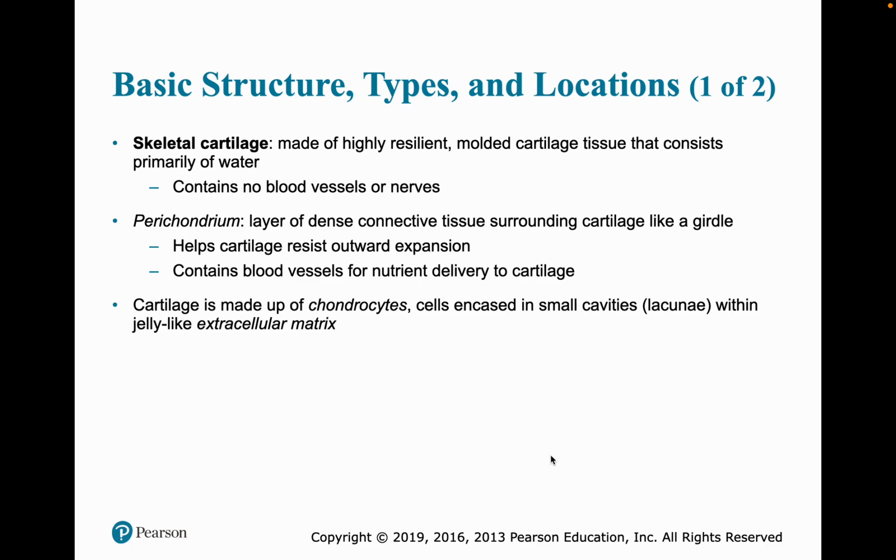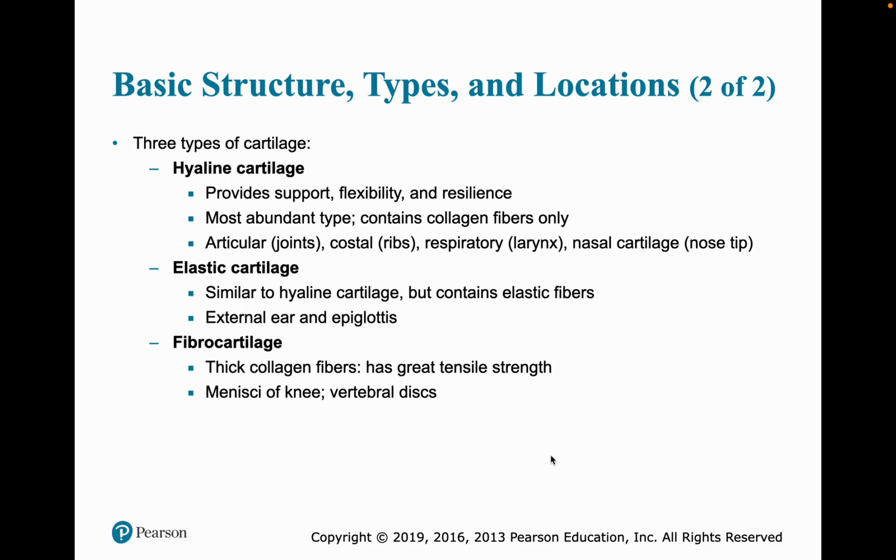This is where there are blood vessels that provide nutrients for the cartilage itself. And the cartilage itself is made up of chondrocytes, which are cells that are encased in small cavities called lacunae, which we also saw when we talked about tissues in bone. And in that lacunae is a jelly-like extracellular matrix.